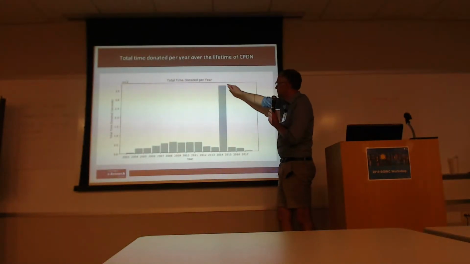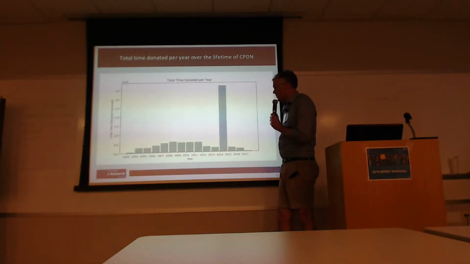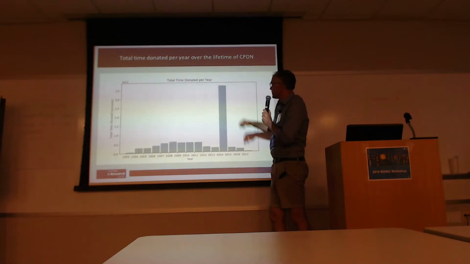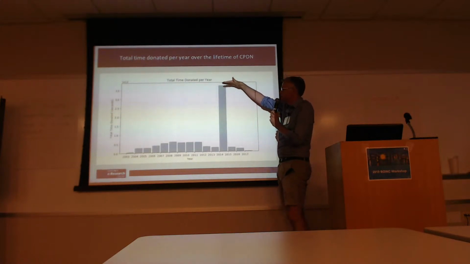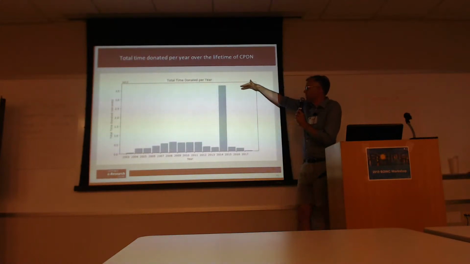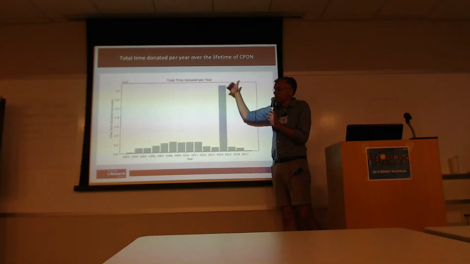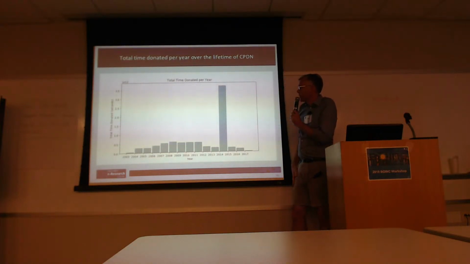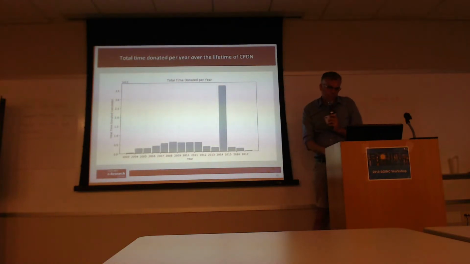So this peak here represents the 2014 floods experiment. So this is saturation, really. This is the maximum amount of computation that the people attached to the project can actually handle.